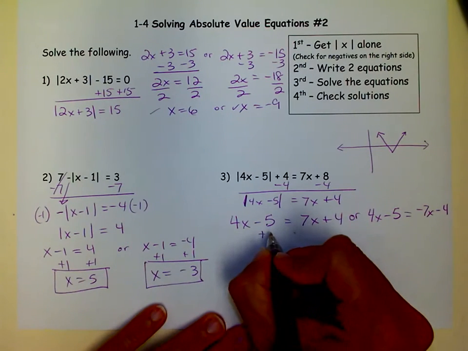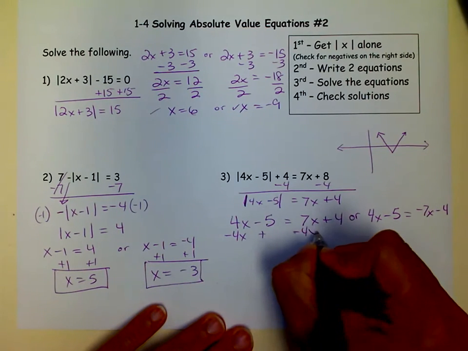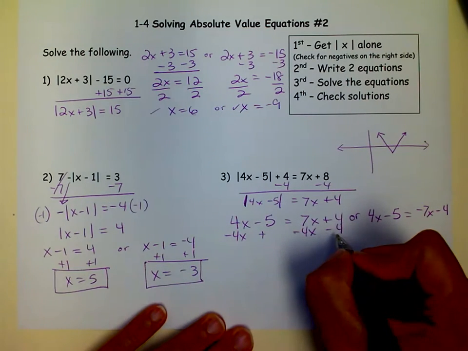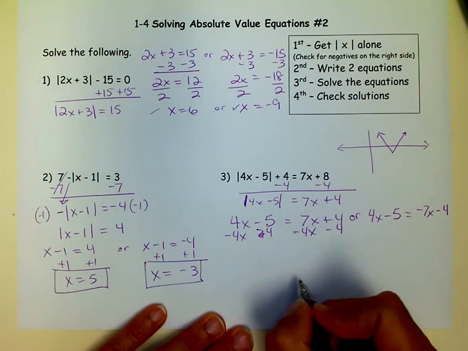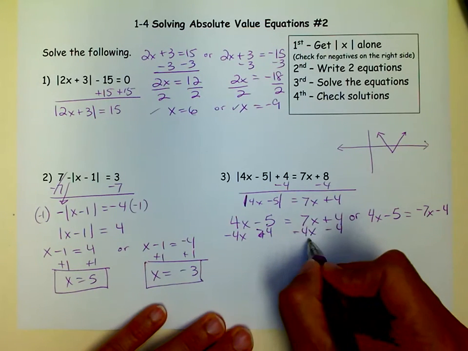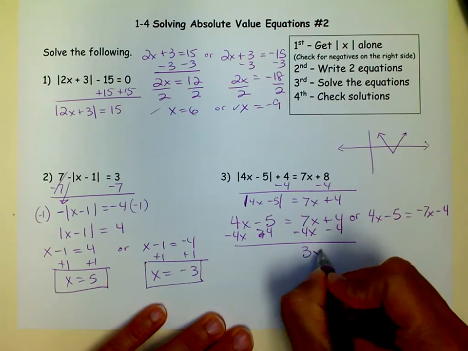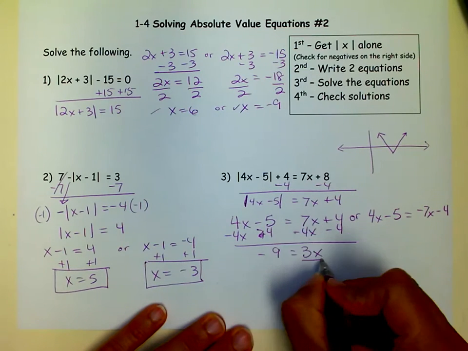So we add, let's see, I want to move my x's, my 4x, and let's move our, let's see, what's 7 minus 4? It's 3x. And negative 5 minus 4 is negative 9.